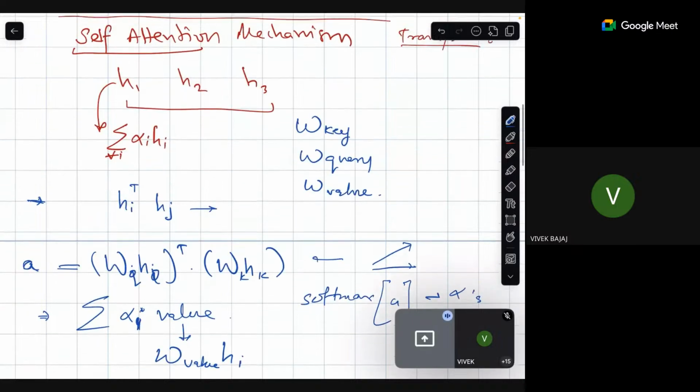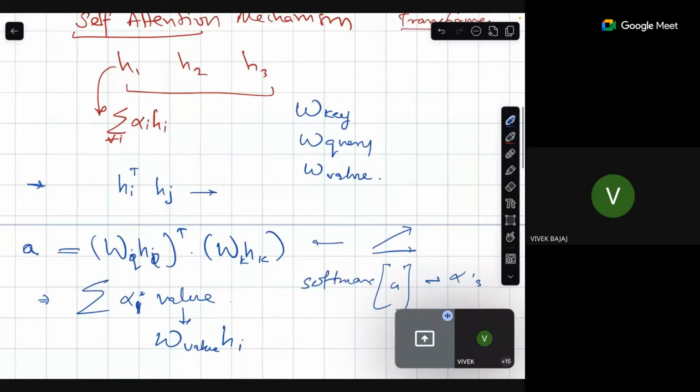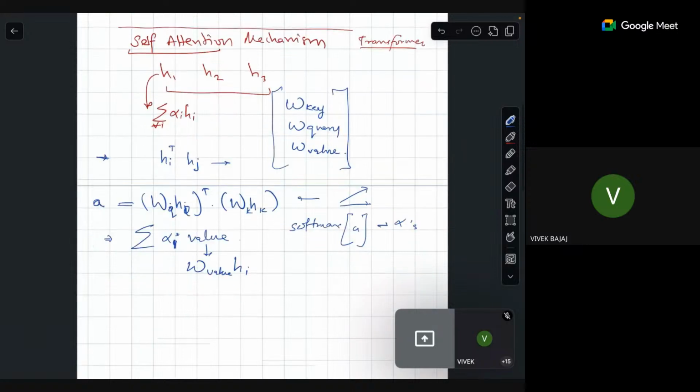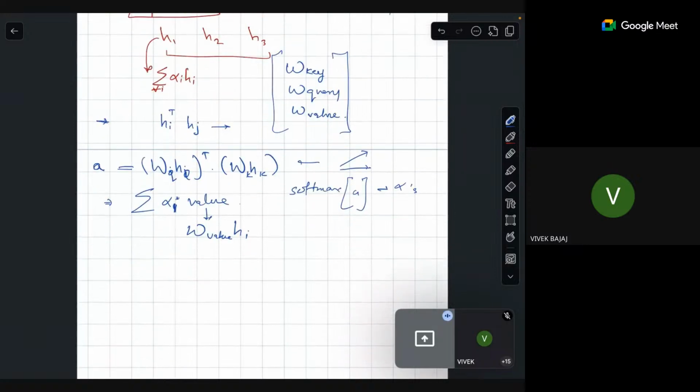I hope this part was clear, right? And we had an intuitive explanation of why these three matrices are used, what is the importance, and so on, and how all of this could be parallelized. If I could simply write them in the matrix notation, that would mean something like this. And there was a coefficient here, but not so important.